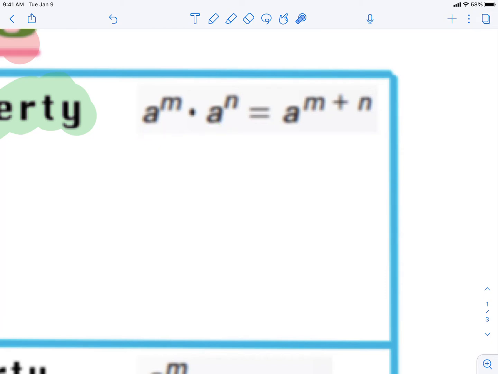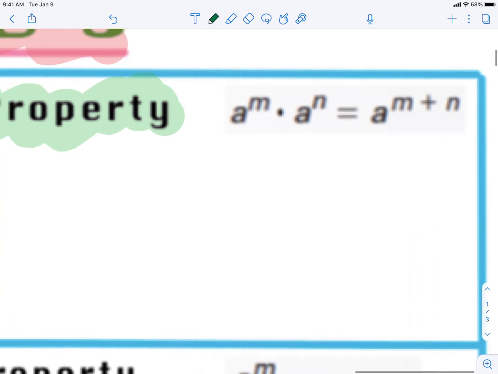So when we have the same base, kiddos, that means that we can take this m and this n and we can add them. Right? Let me show you how that works. So if I have x to the 4th times x to the 3rd, well, I have the same base, x and x.